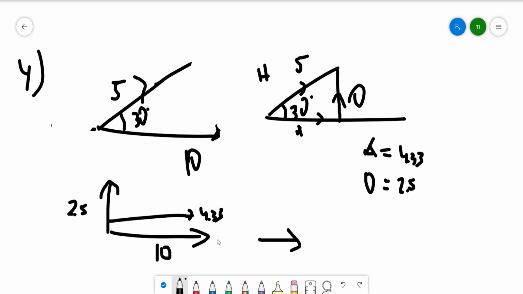So there's 10 plus 4.33, so you get 14.33, and you align this with 2.5. And now that there's only perfectly horizontal and vertical forces, you find the resultant using Pythagoras theorem, I hope you know the formula. And you would get that the resultant is 14.5 newtons.